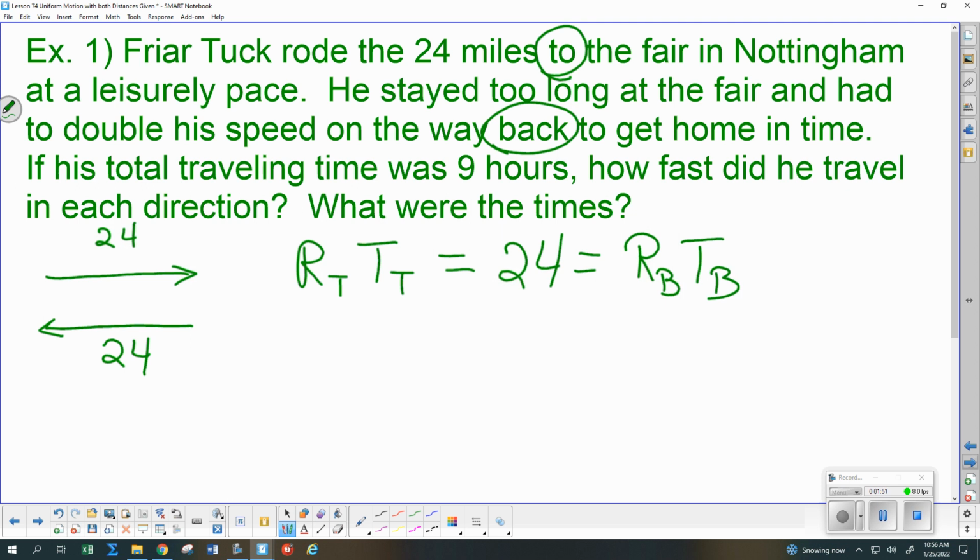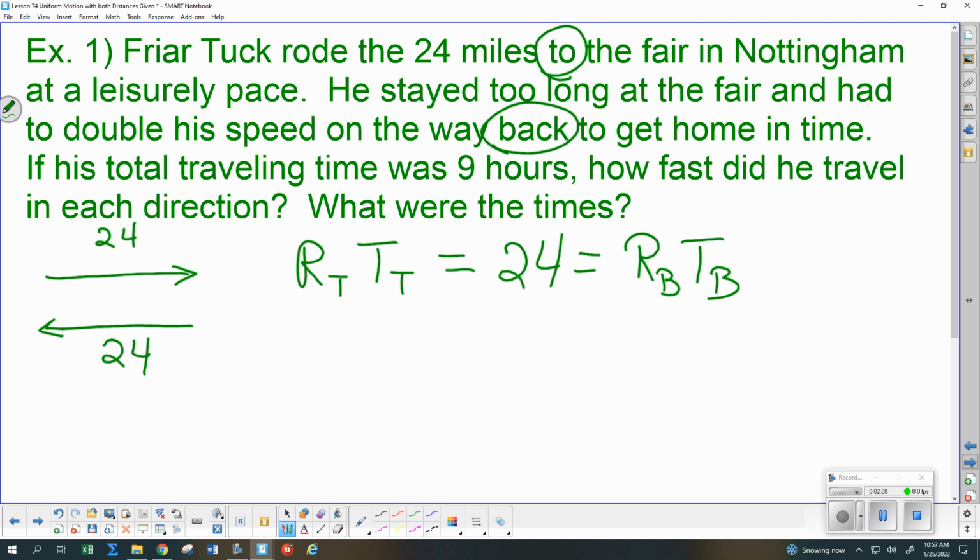And right now, I don't know if I want to use RT TT equals 24, or if I want to use RT TT equals RB TB. I'll figure it out as I go along.